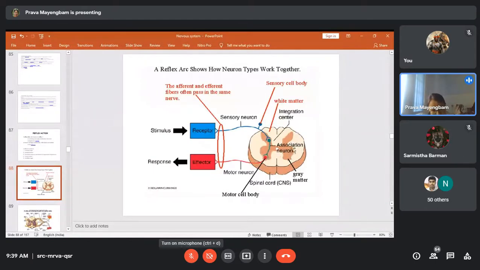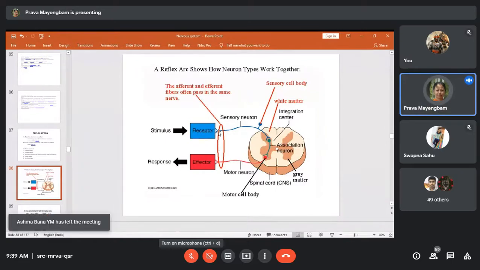Have you studied this? Yes or no? This is the dorsal horn and this is the ventral horn.